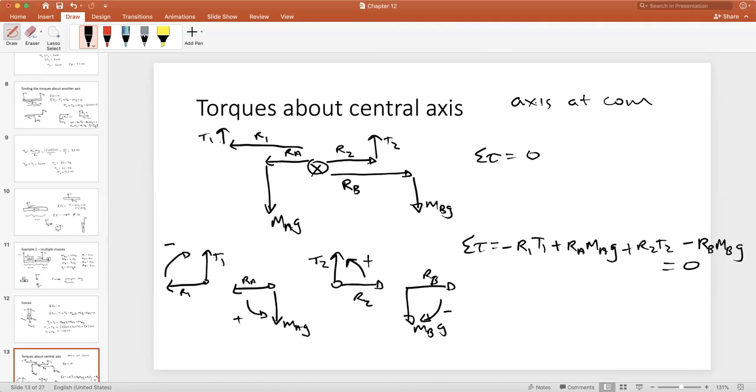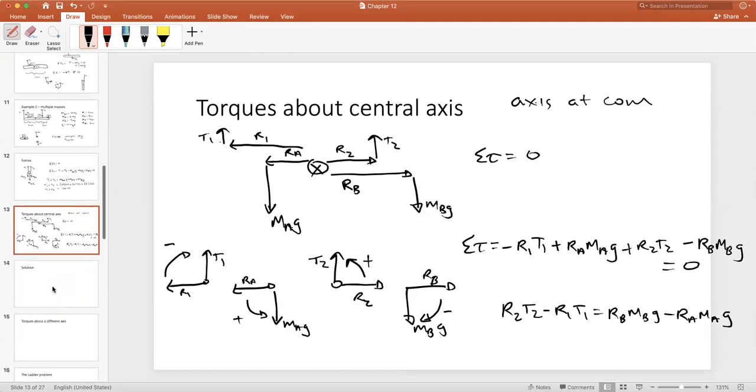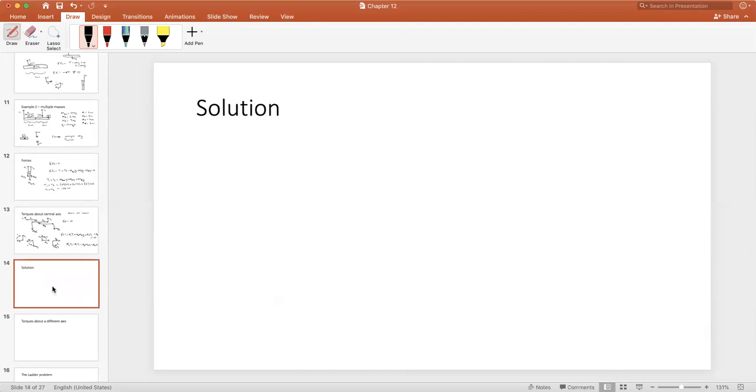So let's move the mass terms over and leave the tension terms here. So we get R2, T2 minus R1, T1 is equal to RB, MBG minus RA, MAG. Okay. Now, we have everything we need to solve this. So our solution is that T1 plus T2 is 180 newtons.